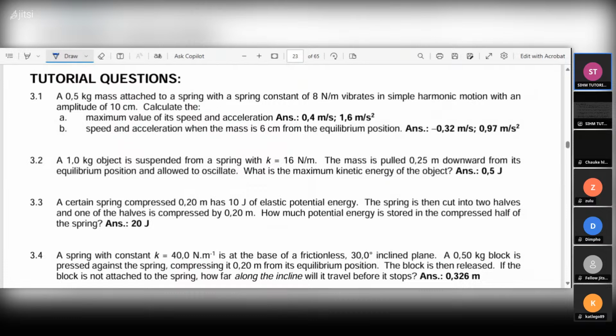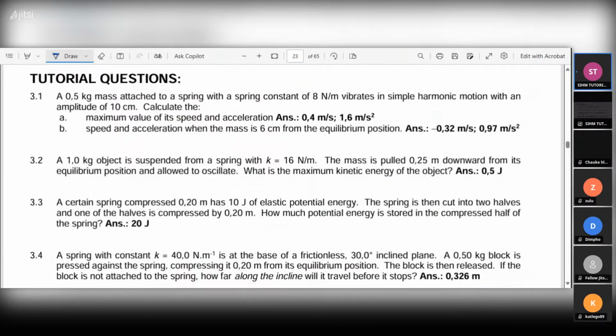Okay, it's fine. I'll take it as a no. So far, we managed to come to this point, where we have our questions. We have 3.1. It says a 0.5 kg mass attached to a spring with a spring constant of 8 Newton per meter vibrates in a simple harmonic motion with an amplitude of 10 centimeter.